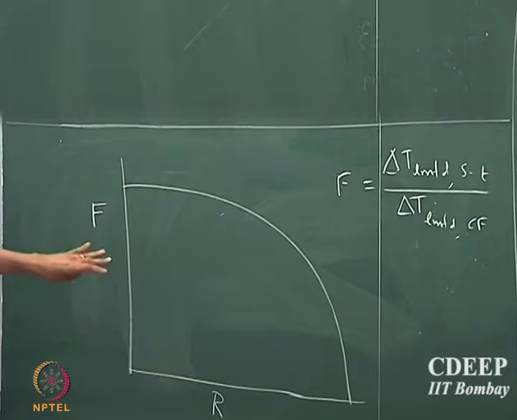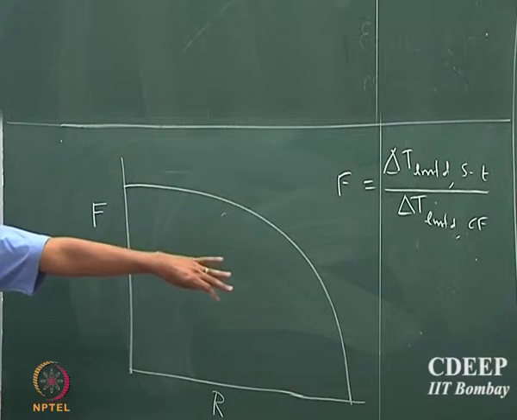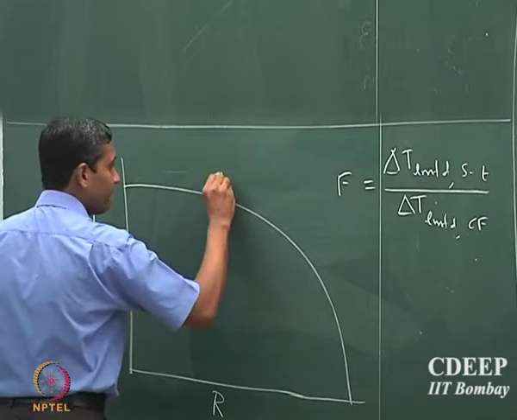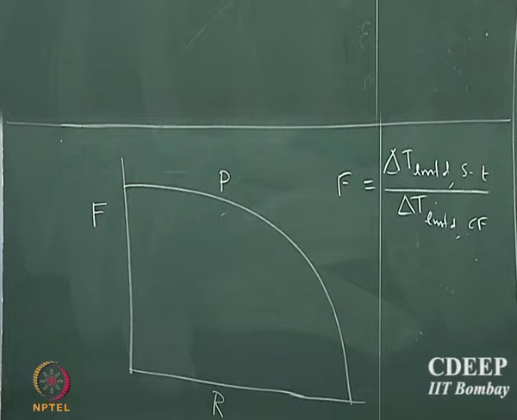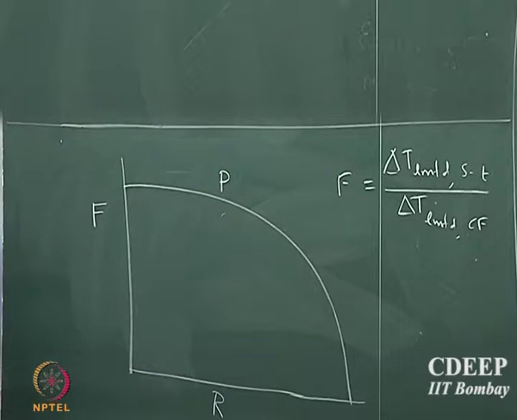We are not going to look at these expressions in this course, but the general behavior is, for a specified value of P, you get this kind of profile, where F goes from, what is the range for F? 0 to 1.